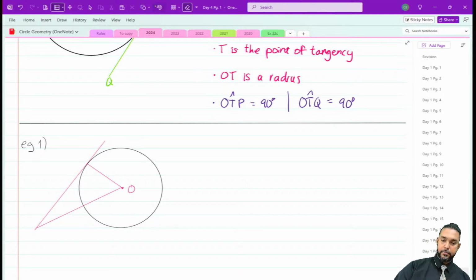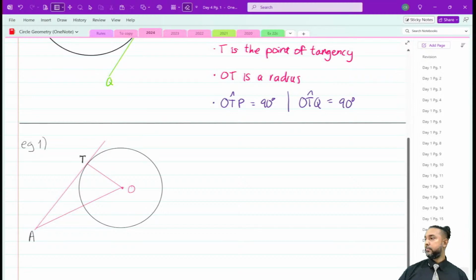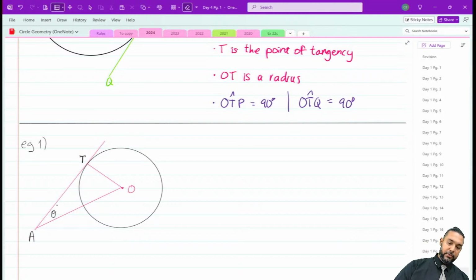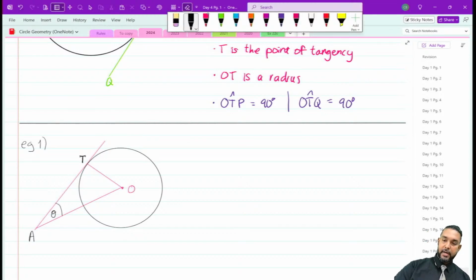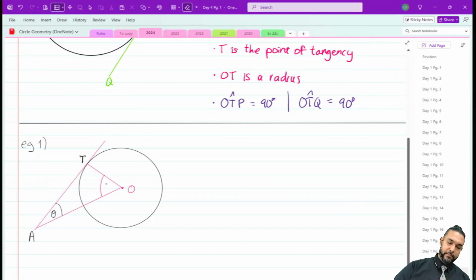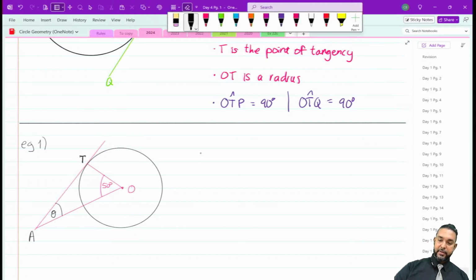So that's O, that is T, that is A. We have an unknown angle here of theta, and we have a marked angle of 50 degrees. In this case, we have to find theta.